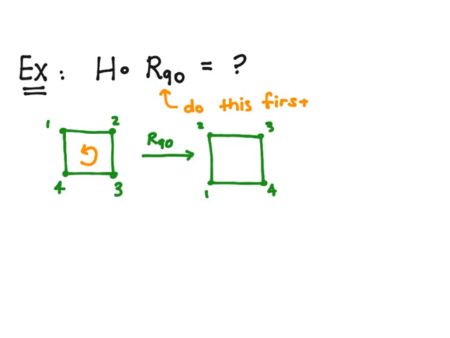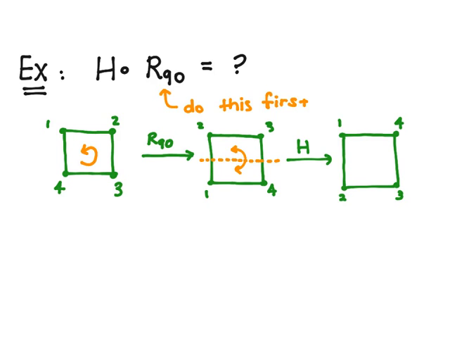Now I want to take that square and apply H to it, in other words, take it and reflect it across a horizontal axis. So when you do that, the 1 that was in the lower left will wind up here, the 2 will wind up here, the 3 here, and the 4 there. So there's our composition.